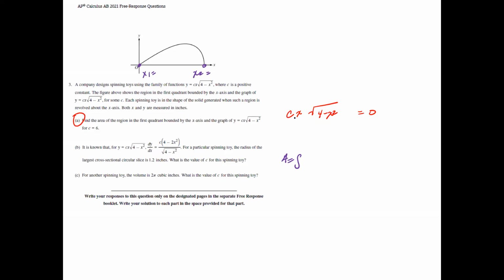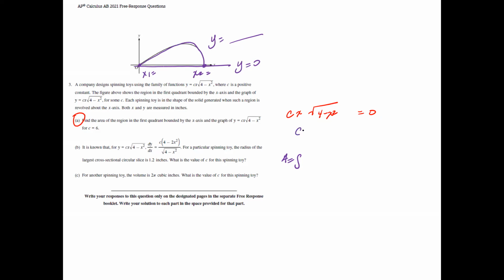The constant doesn't really matter because I'm setting it equal to 0, and as I'm looking for the intersection, this graph is represented by the equation itself. So I'm going to set it equal to 0, which is the x-axis right here, y equals 0, so I can find the intersection of this.